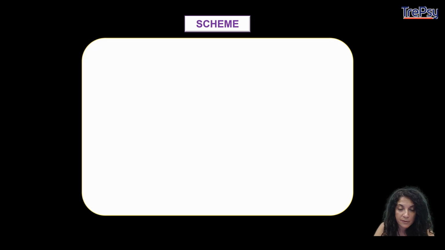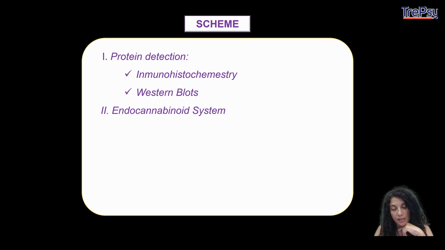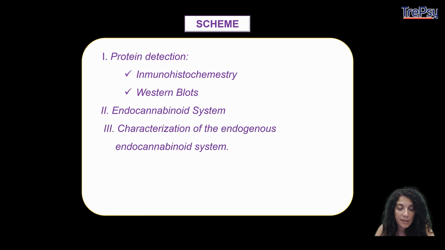The class outline will be as follows. First, we will discuss different techniques for protein detection, like immunohistochemistry and Western blot. The second part of this lesson, we have the endocannabinoid system.